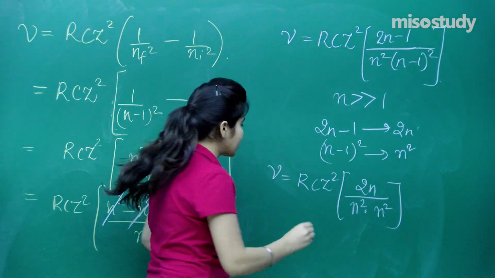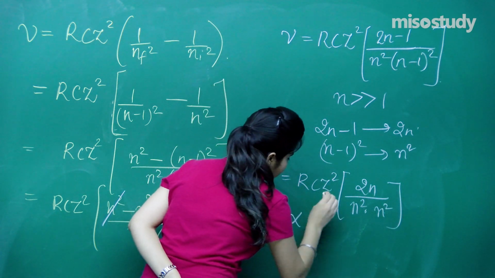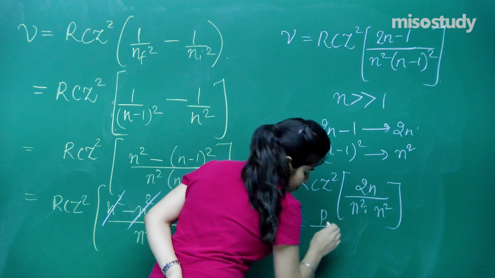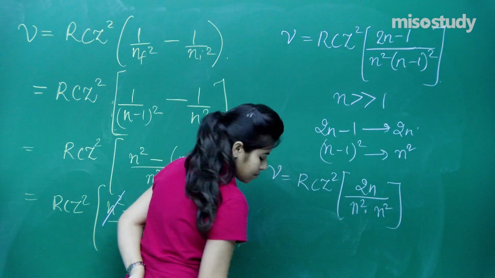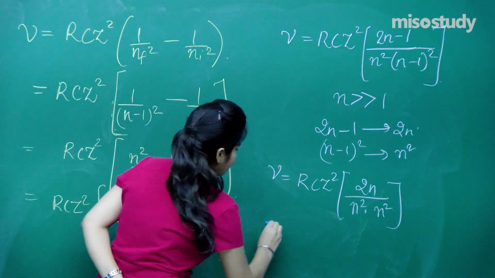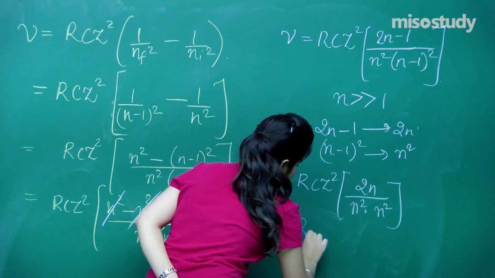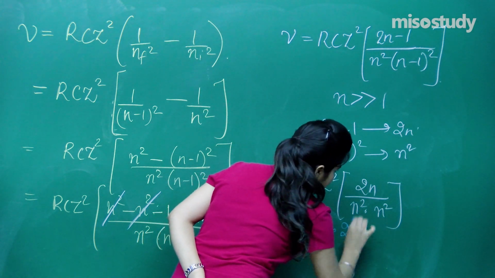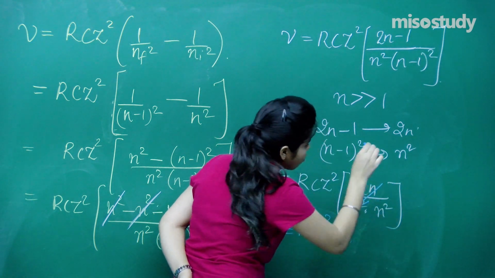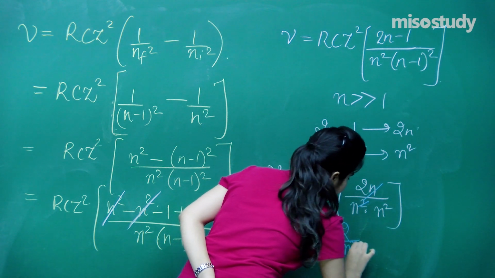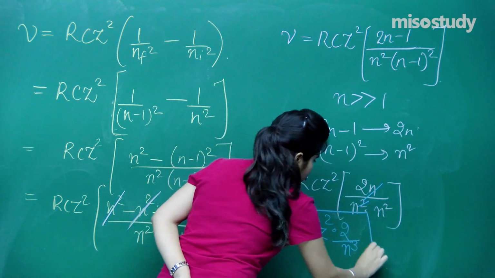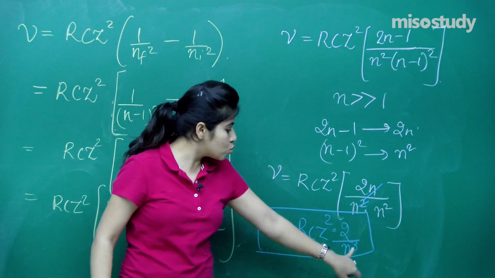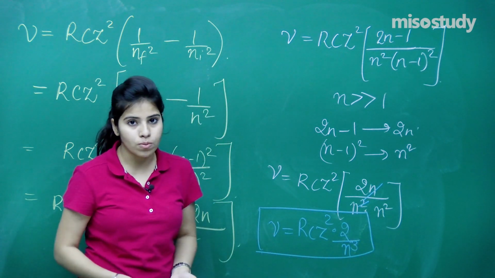So if you write it, you will find that RC(Z) square, this 2 will be taken out and this n will be cancelled out, you will have 2 upon n cube. So that means your nu has come out to be proportional to 1 upon n cube.